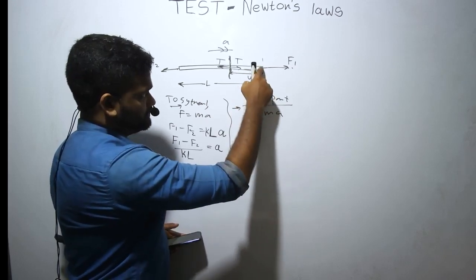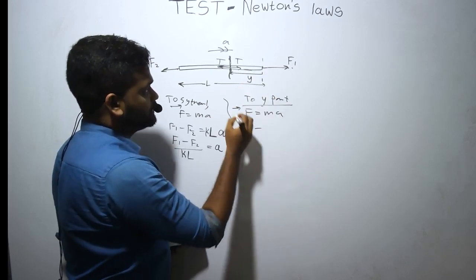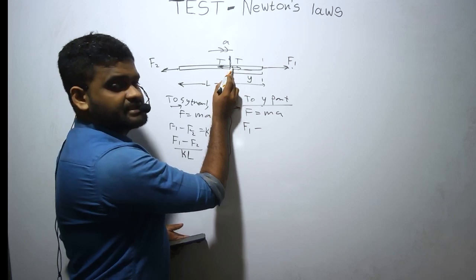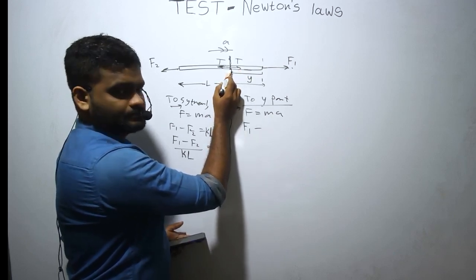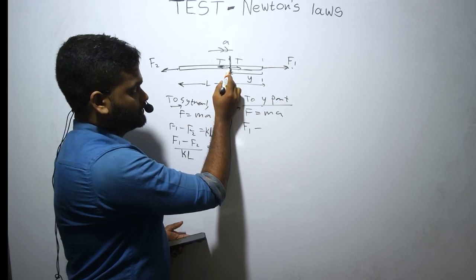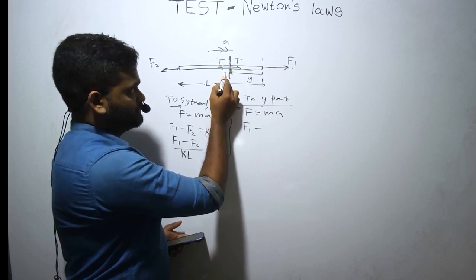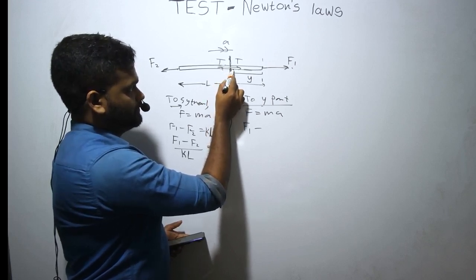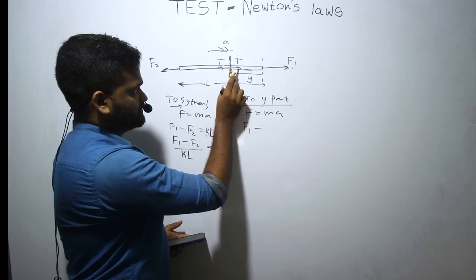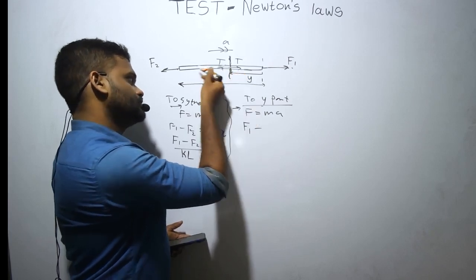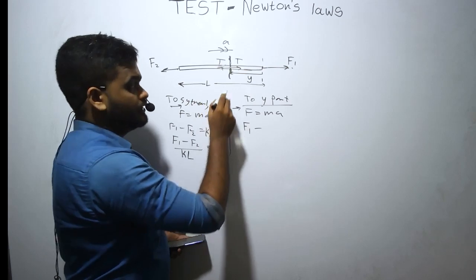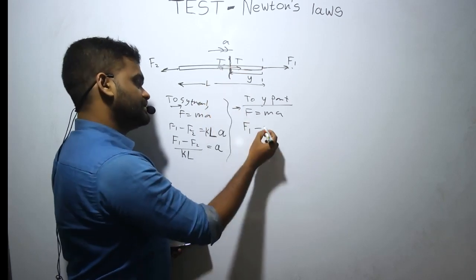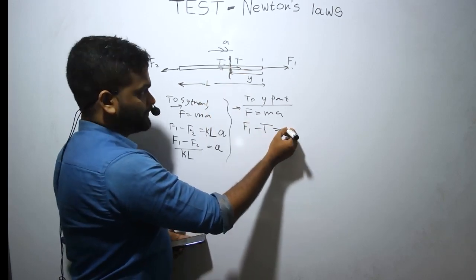Obviously F1 is on this part, so F1. Which tension is acting on this part? Is it this one or this one? It should be this one, right? This part is applying a force to the other side, so this tension is minus T.